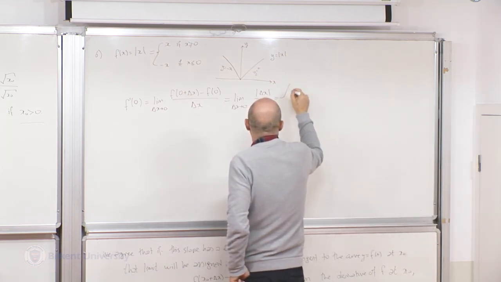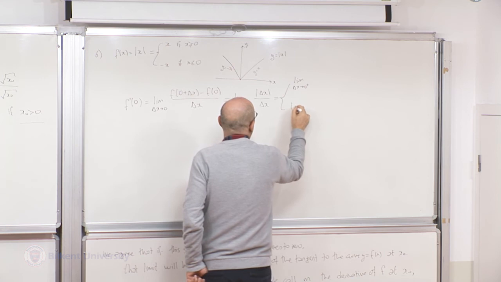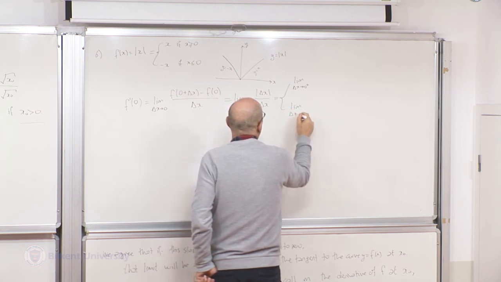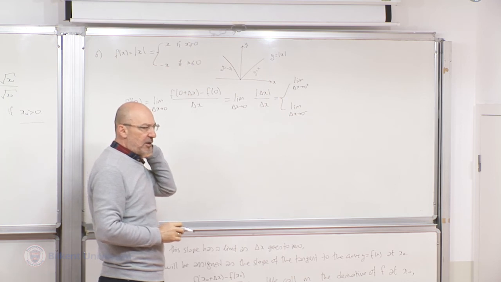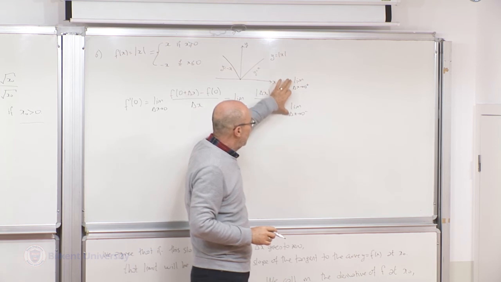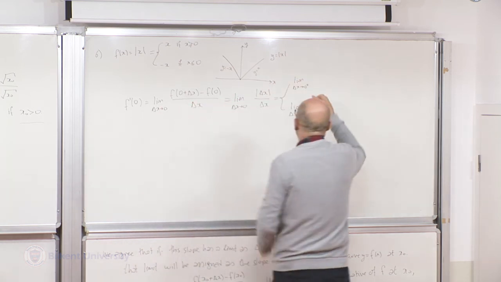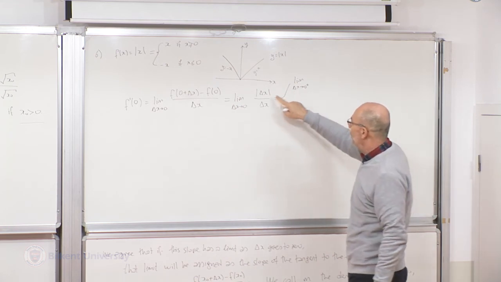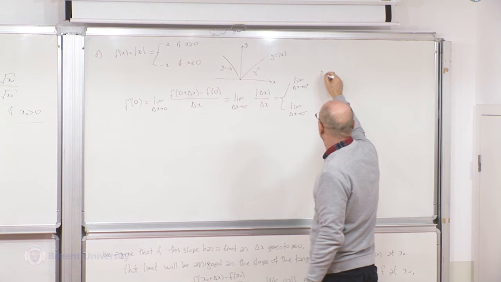Okay, so we have two cases: limit as delta x goes to 0 from the right and limit as delta x goes to 0 from the left. If the limit exists, these two limits will be the same, and conversely, if these two limits exist and are the same, then that's the limit. That's what we are checking. Now, when delta x is positive, the absolute value of delta x is delta x.